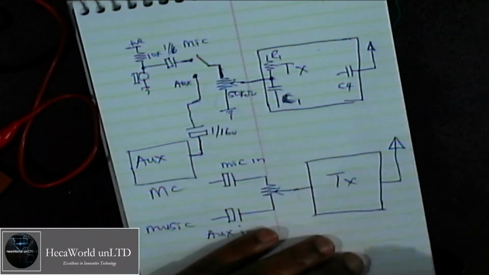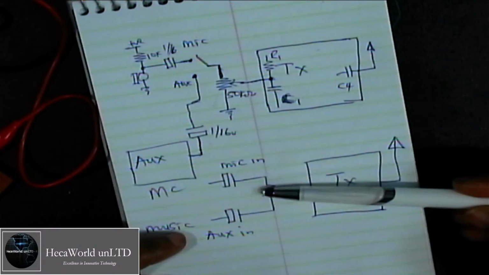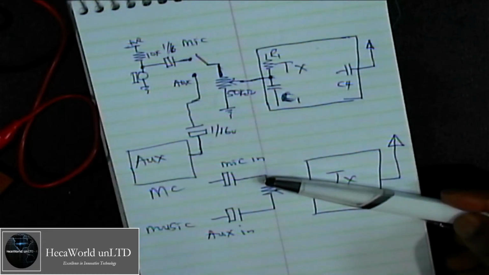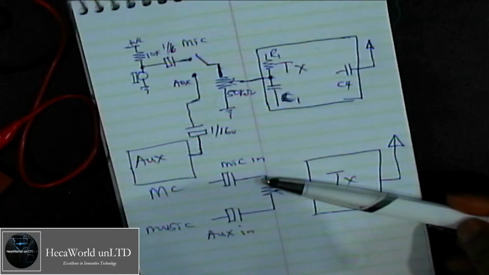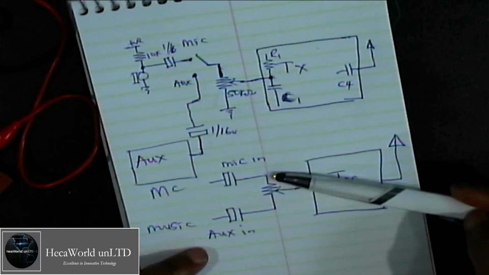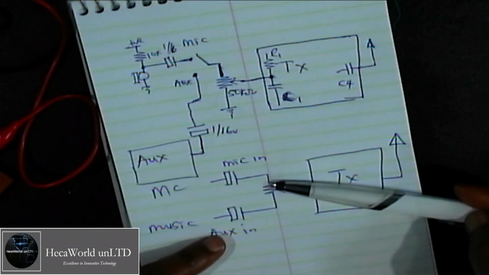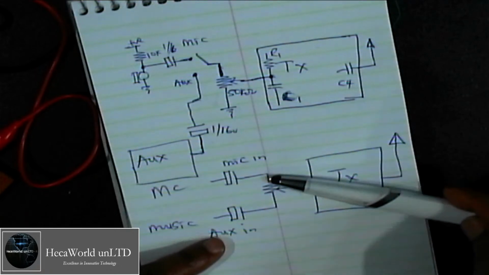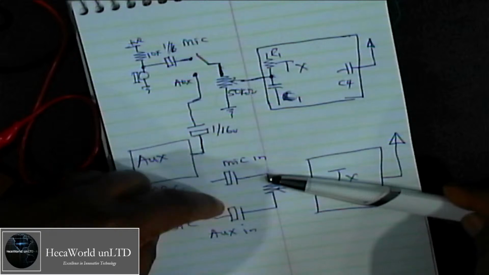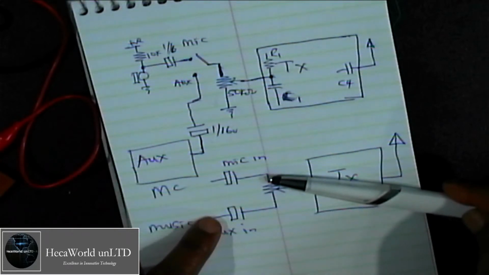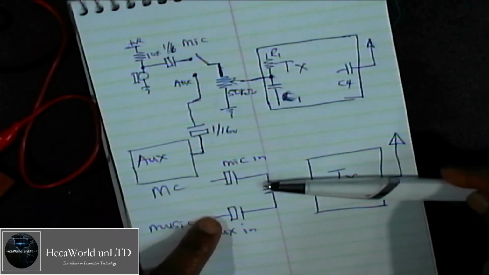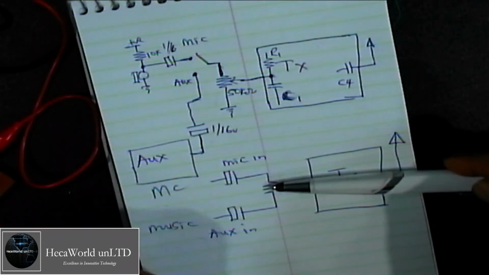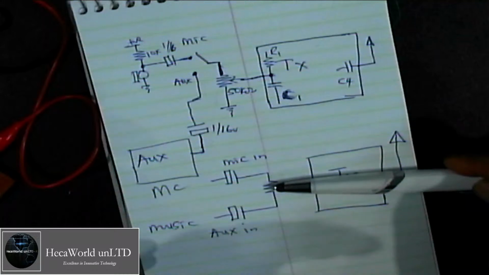So as you adjust this to this point, you're speaking, "Hello, this is the music of the day, thanks for enjoying." As you're saying that, the music is still coming in, but very low because the wiper is further away from it. When the wiper is all the way to the mic in, the music will be cut off. But you can adjust it somewhere in the middle, and you can still speak while the music is playing in a little bit. And then when you're done speaking, you just turn it down.